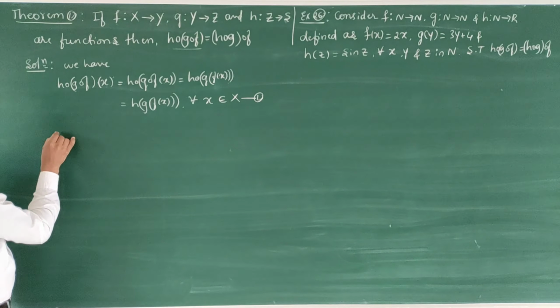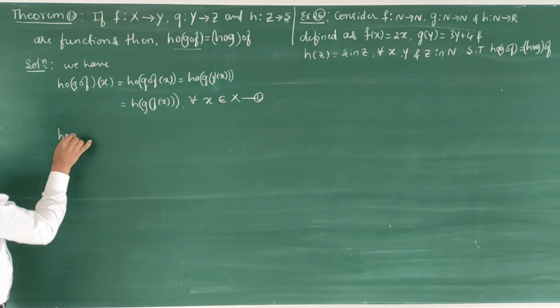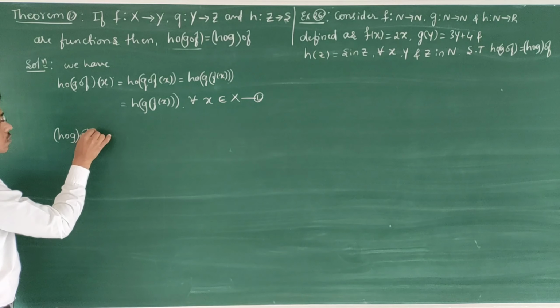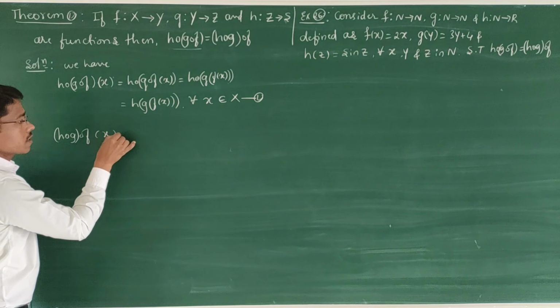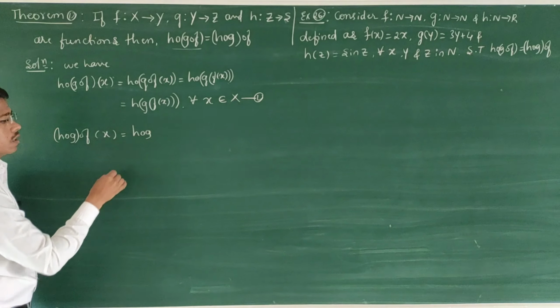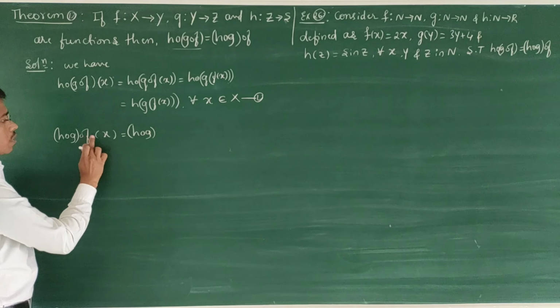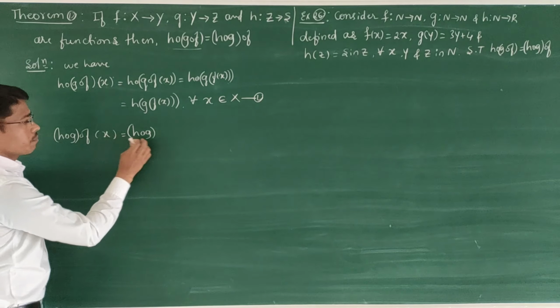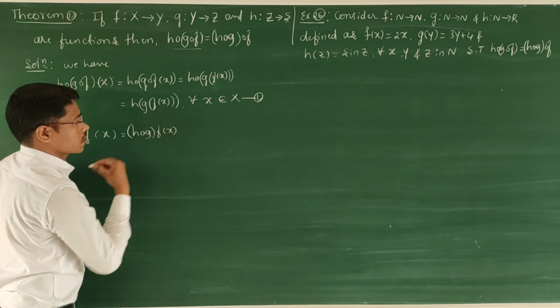Now the second one: (h composition g) composition f, take x as input. Okay, (h composition g) of f of x, remove the composition, write f of x.